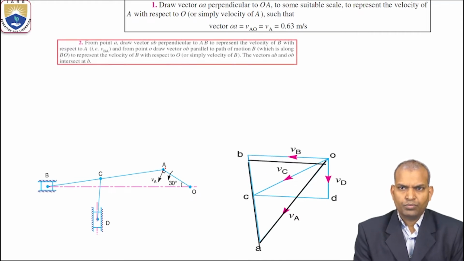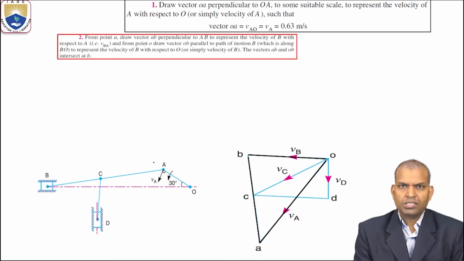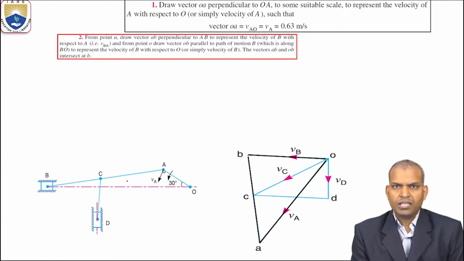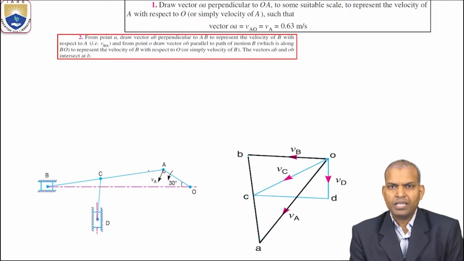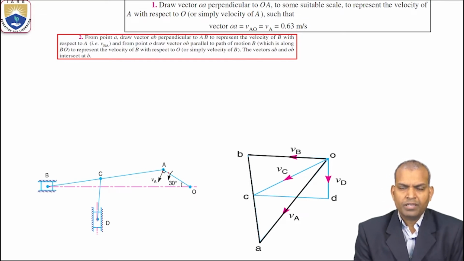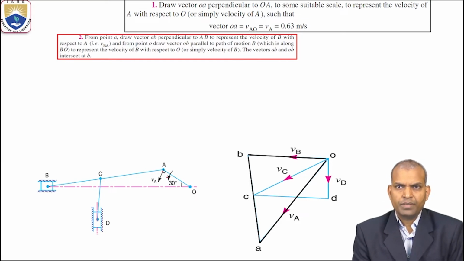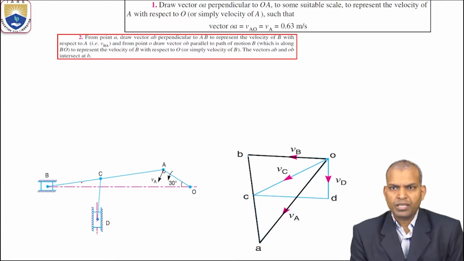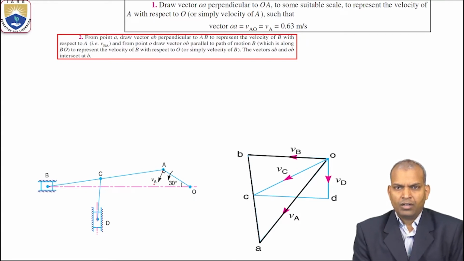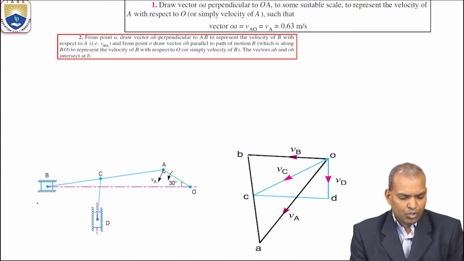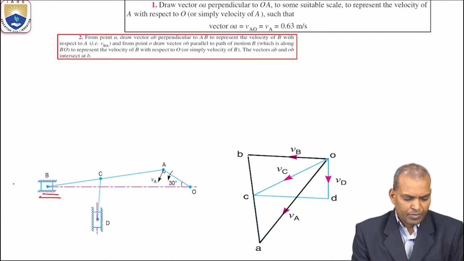Next, step number 2. From point A, draw vector AB perpendicular to the configuration link AB, to represent the velocity of B with respect to A, and also the sliding motion of B. The sliding motion of B is linear, translatory motion.